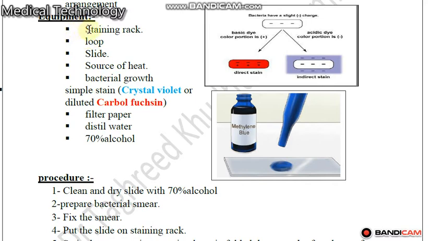We need a staining rack, and the materials for bacterial smear preparation, which are loop, slide, a source of heat like a Bunsen burner, and bacterial growth either in liquid or on solid media, or any clinical sample.